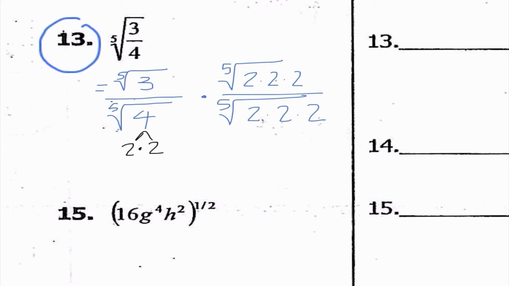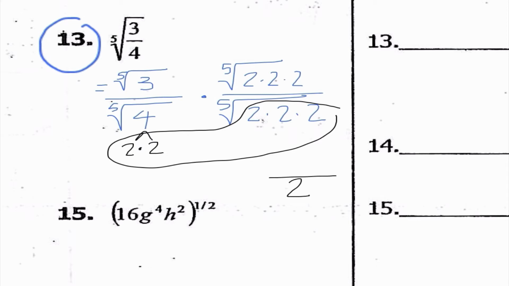The reason why I needed 3 2's is because now if we count them, we have 1, 2, 3, 4, 5. So I can actually take all 5 of these out, and my denominator becomes a 2. In my numerator, I have 3 times 8, which becomes the 5th root of 24.